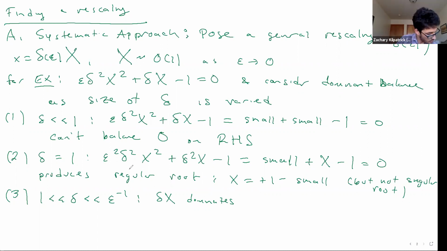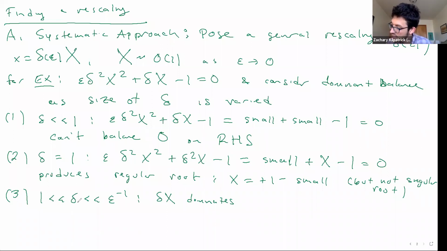Now let me just fix a quick typo here. This here should not have a squared on it. Sorry about that. No squared power here. Sorry, that was just a minor typo. Okay, all right. So now let's look at this.